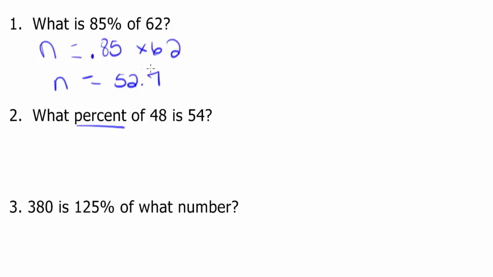Here we're looking for the percent. So up here, you were looking for the part. This one, you're looking for the percent. So this is n. What percent of 48 is 54? Remember, is your equal sign. So now we have an equation. Normally it looks like this, 48n equals 54.